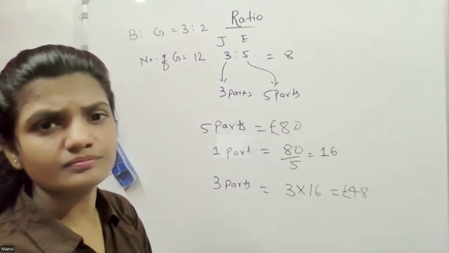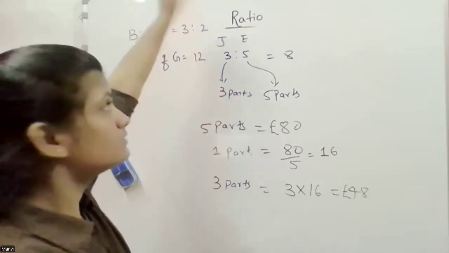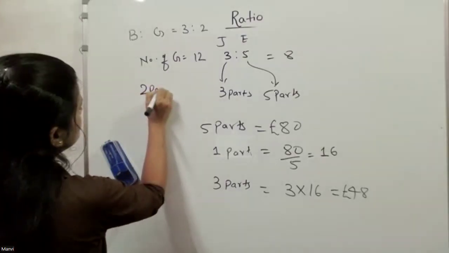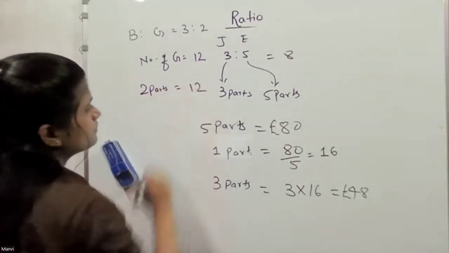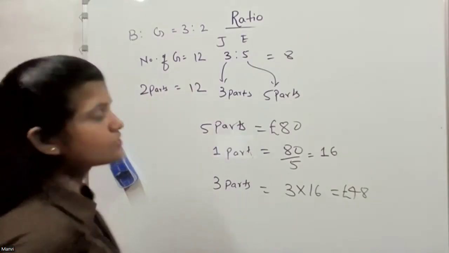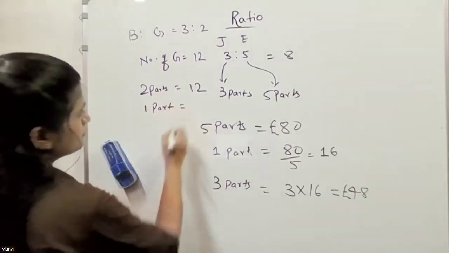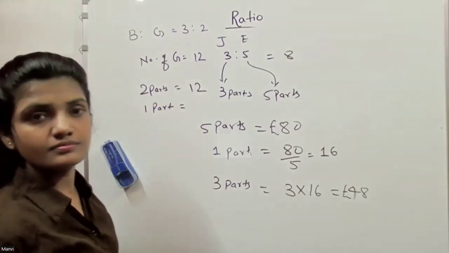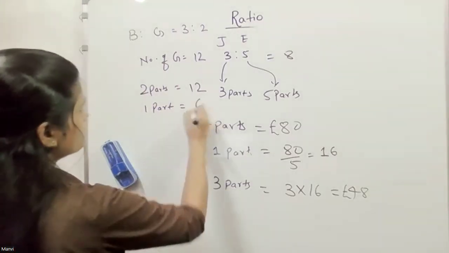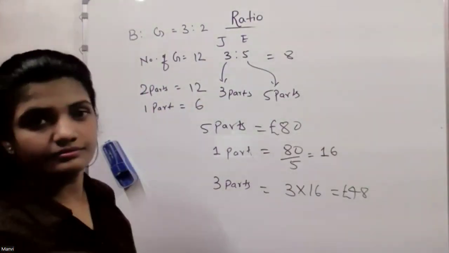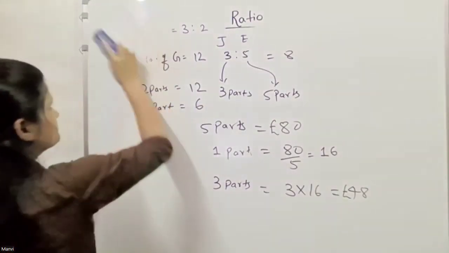So 6 is for girls, because 2 parts denote 12. So 1 part equals what? 1 part will be 6. So the boys are 18.